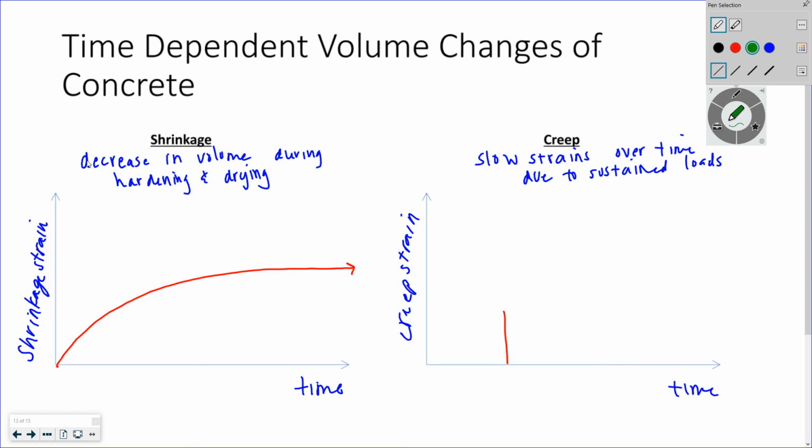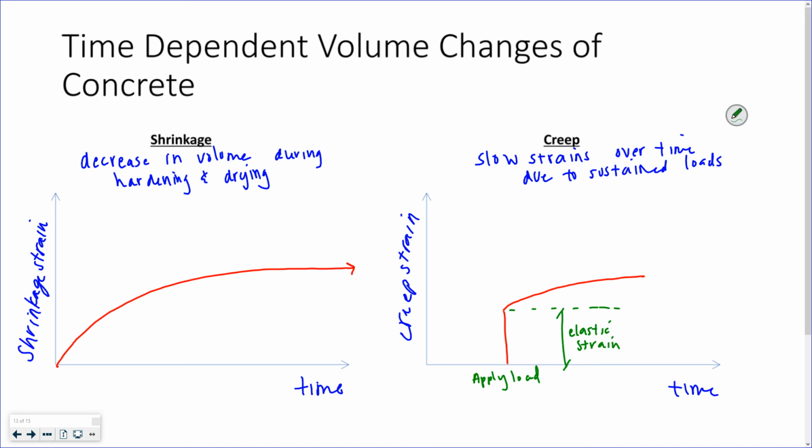This is when we apply our load. You have immediate deflection. And then over time, you get a little bit more deflection. You can break this down into your elastic strain, initial. You apply a load and bam, there's an initial deflection. And then your creep strain, which happens over time. Yes, this is not creep strain, this is overall strain.